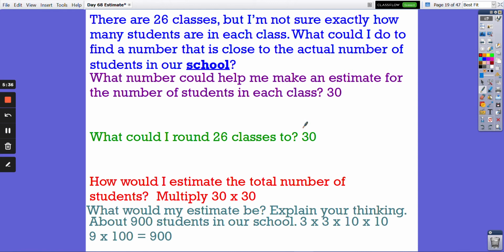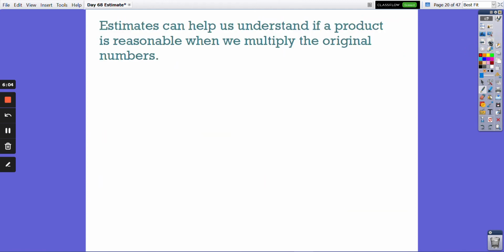If I multiplied 1,235,000 by 30 versus by 31, my answer would really change a lot because that one group is a million of whatever I'm talking about, right? So multiplication can change our answers quite a bit. So that's why when we estimate, we want to get as close as possible to the exact numbers. Okay?